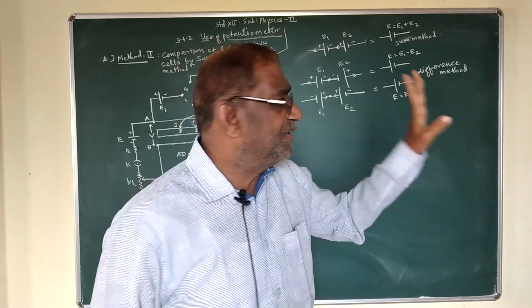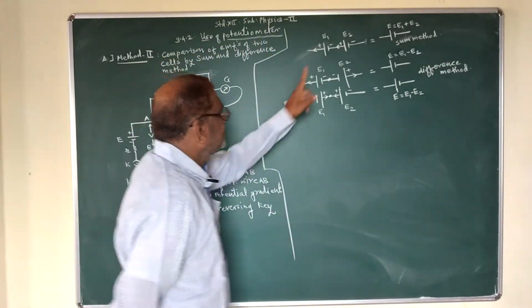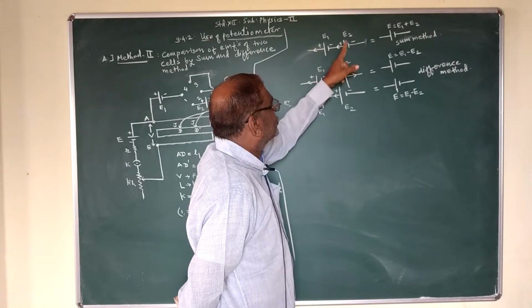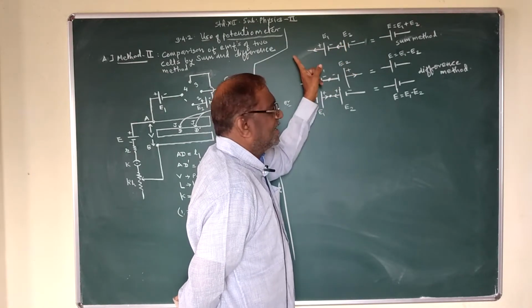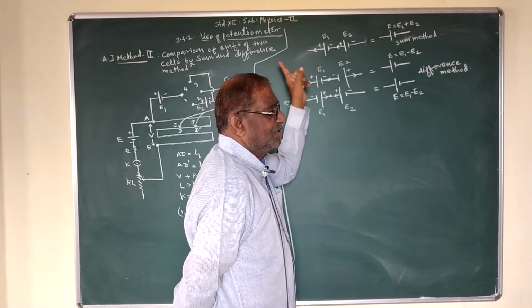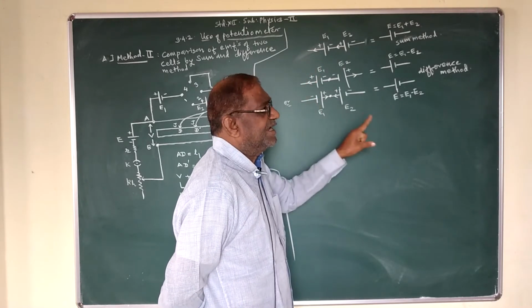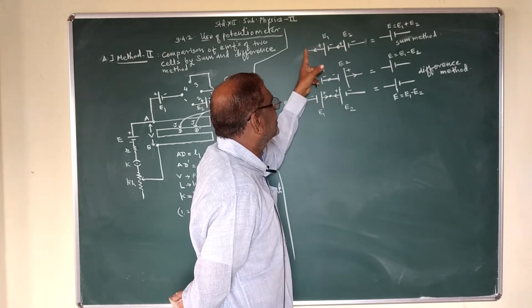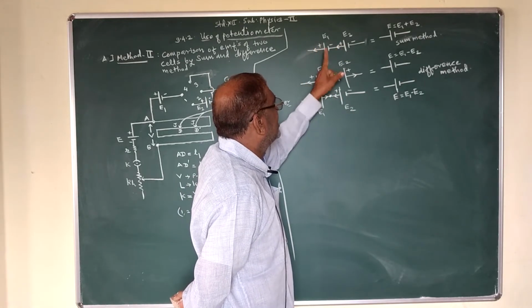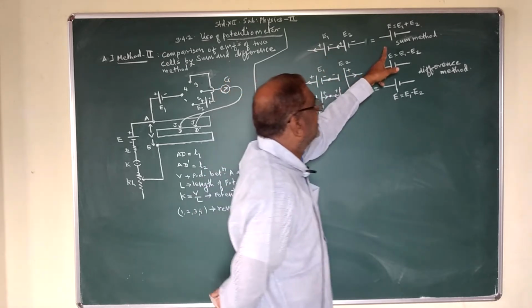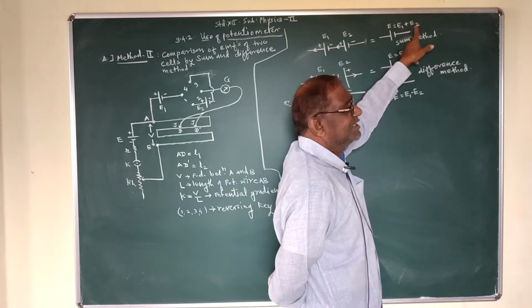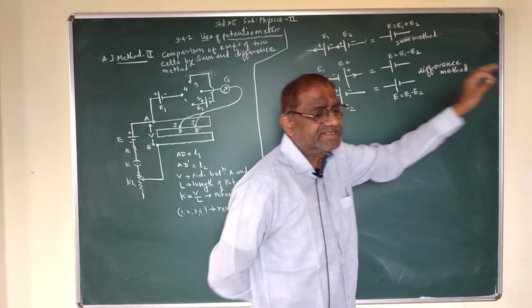This is the sum method because in the sum method, E1 and E2, these two cells supply electric current through the electrical circuit along the same direction, hence the EMF of the resultant cell is the sum of EMF of the individual cells.